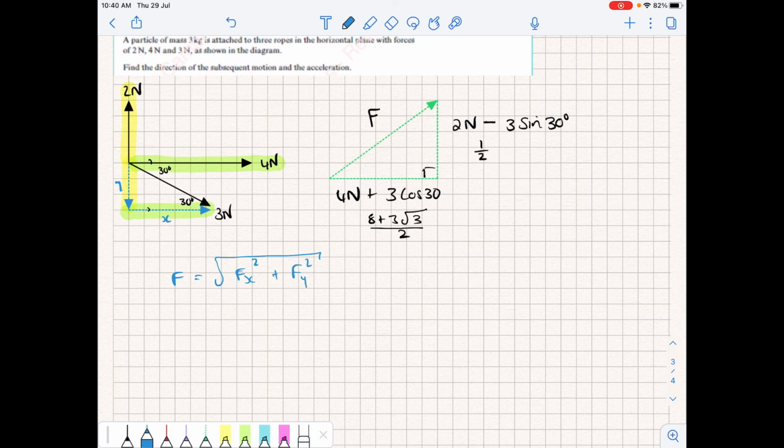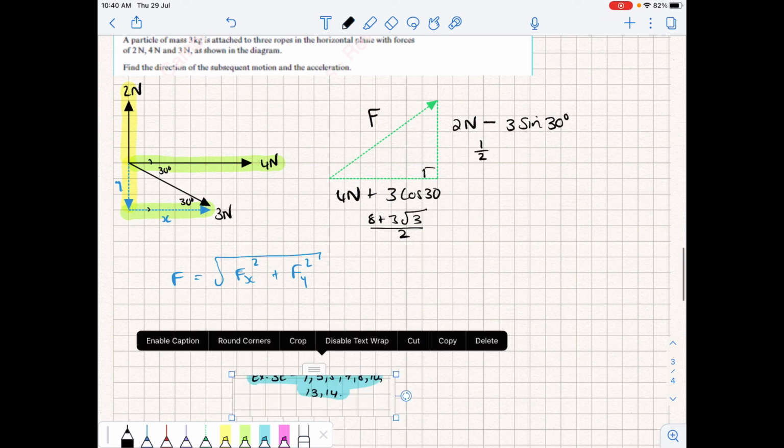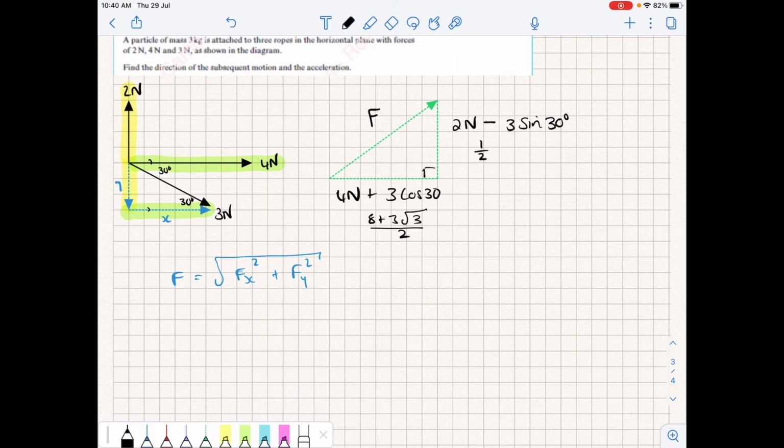I'm just going to put those values in. F is equal to the square root of, the vertical component is just a half squared, added to 8 plus 3 square root 3 over 2, all squared.